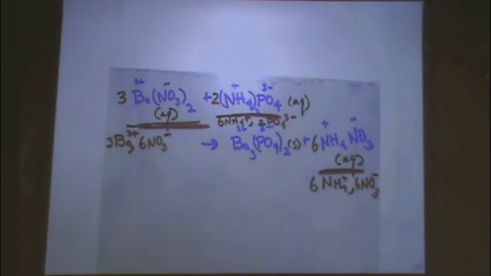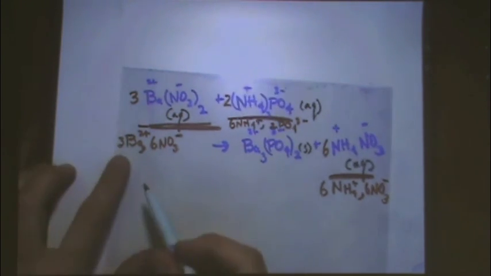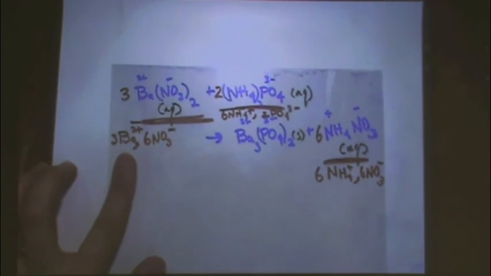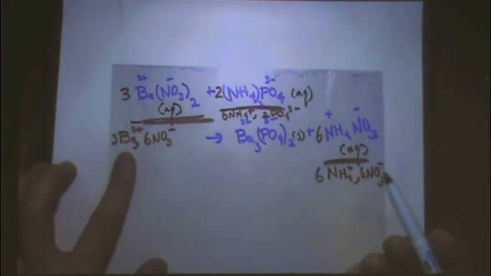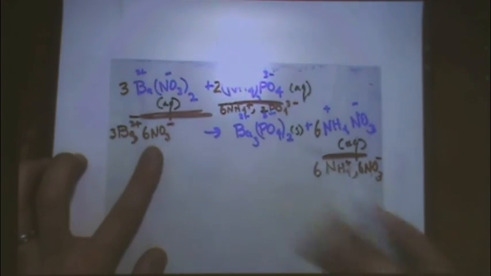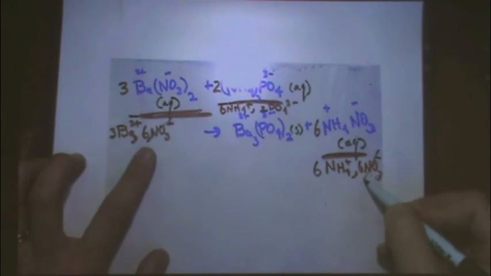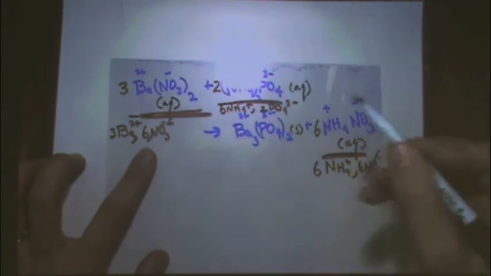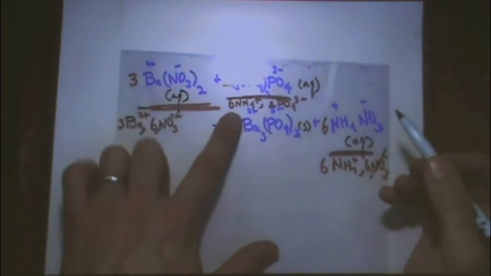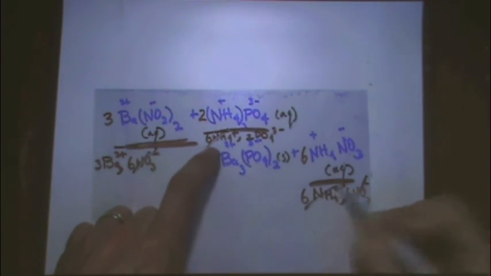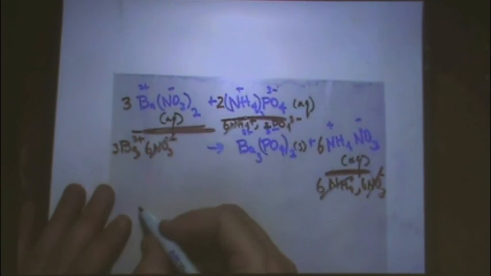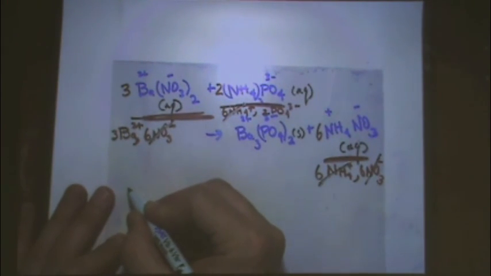I'll use my black pen for that. Notice the barium cancels, yes or no? No, there's no barium to cancel with. How about the nitrates? 6 of them. Yeah, happens to be 6 nitrates. Wonderful, magical almost. Okay, how about the 6 ammoniums? Yeah, 6 ammoniums over on the other side too. Wonderful. How about the 2 phosphates? No, too bad.